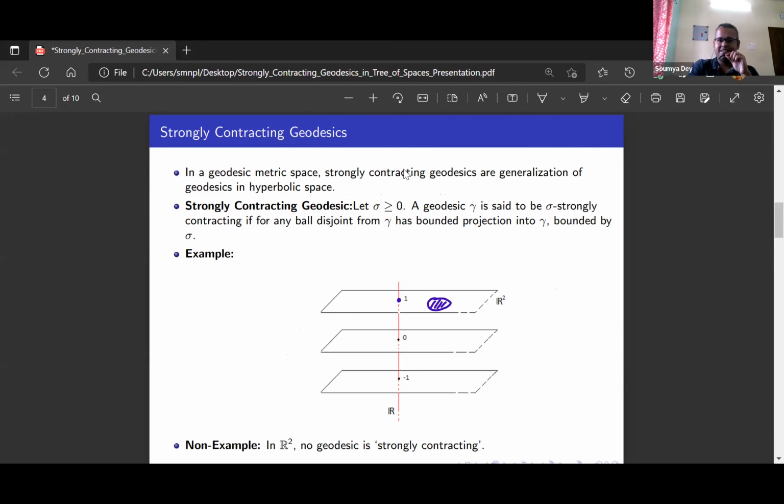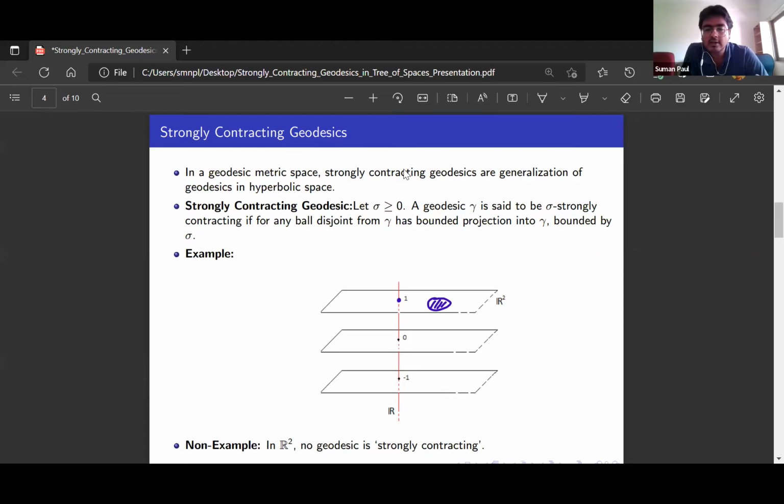Okay. So the first motivation comes from the fact that strongly contracting geodesics are the hyperbolic part of a general metric space, where some properties of hyperbolic metric space are there. That is one motivation behind this, and the other motivation is that the boundaries of hyperbolic metric spaces are very important, and the boundaries consist of the geodesics of hyperbolic metric spaces.